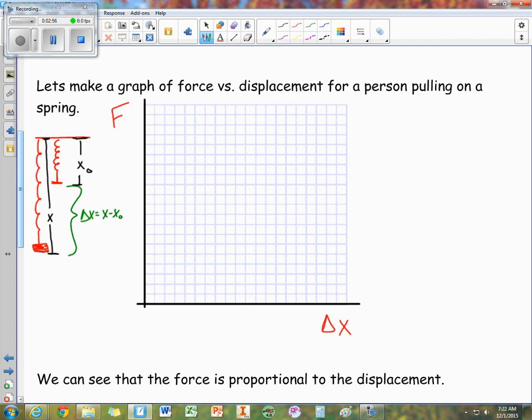So if I were to make a plot of this, if I were to keep track of how many newtons of force I'm placing on this spring, and keeping track of all this, I would find something that looks like this. And what this would be then is a linear relationship.